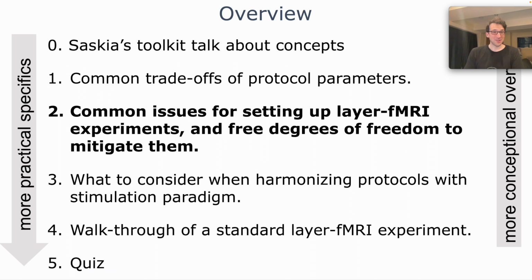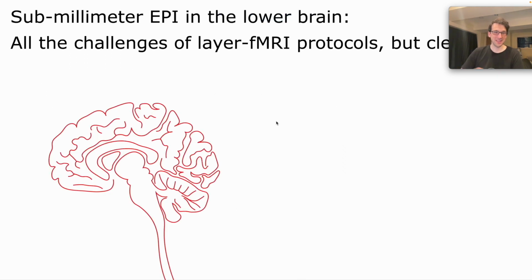So let's talk about common issues of setting up a layer-dependent fMRI acquisition protocol, and those parameters and the degrees of freedom to really optimize the acquisition protocol. And I would like to go through the common issues, specifically not only looking at the brain areas that are commonly used for layer-dependent fMRI, but also the deeper brain structures, for multiple reasons. The first is that when you divide the brain, it's just weird that the vast majority of layer-dependent fMRI papers is only looking at the top half, right?